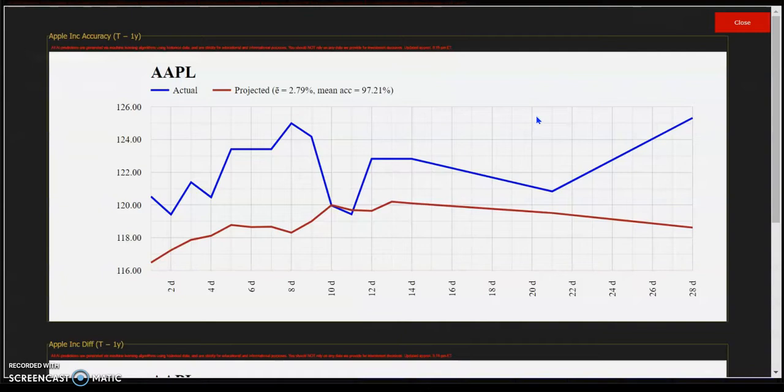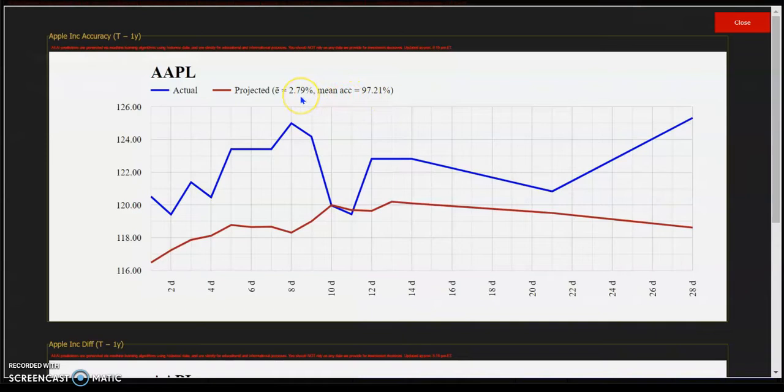And then accuracy charts, where we actually test the model and see how accurate it's been in the past. This gets updated every month. The accuracy chart goes back 1 year and generates, in this case for shorter term, 1 day out to roughly 1 month, what the accuracy was for using machine learning on the Apple stock.